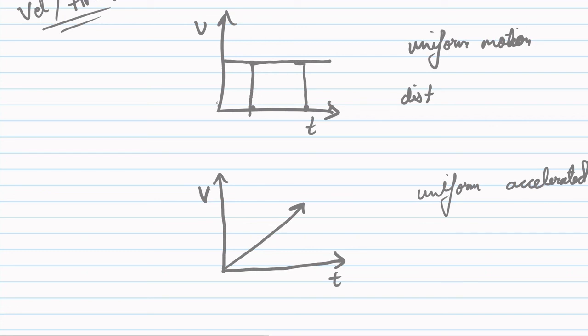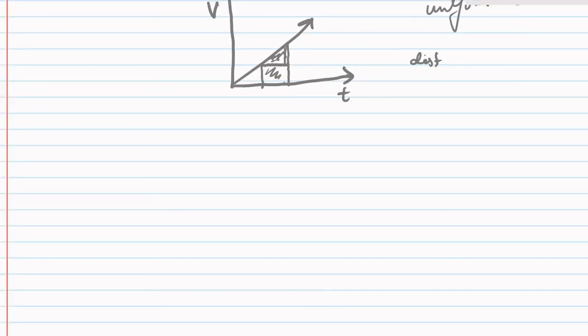Here also you can find the distance traveled between 2 points. Only thing, you have to divide this area so that you can find it easily. You can find the area of this triangle and then the area of this rectangle so that you can get the distance. The other case is non-uniformly accelerated motion, where the graph can be anything.